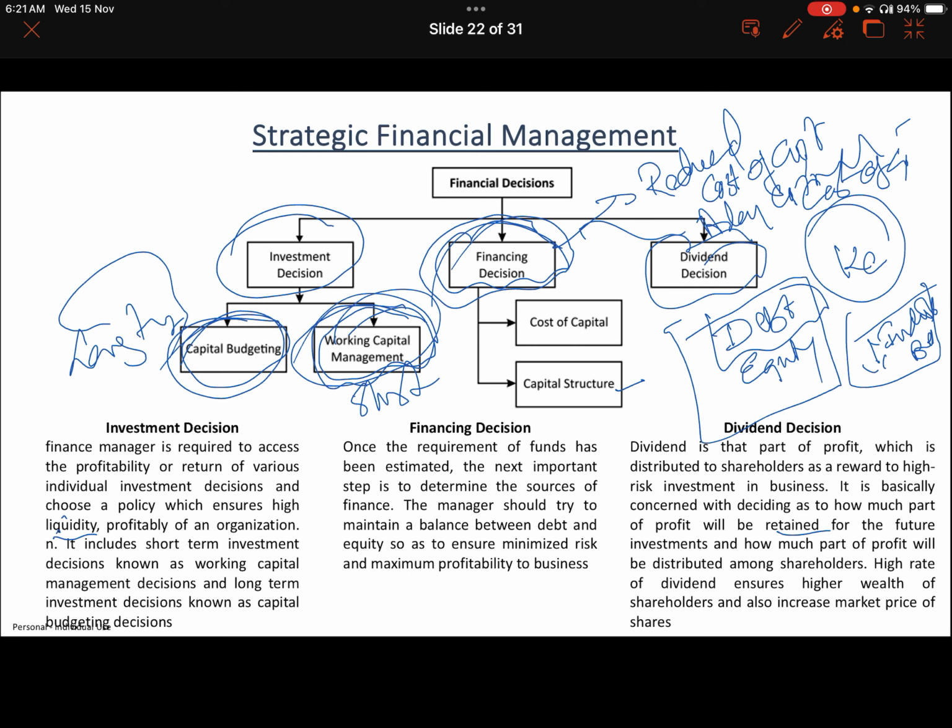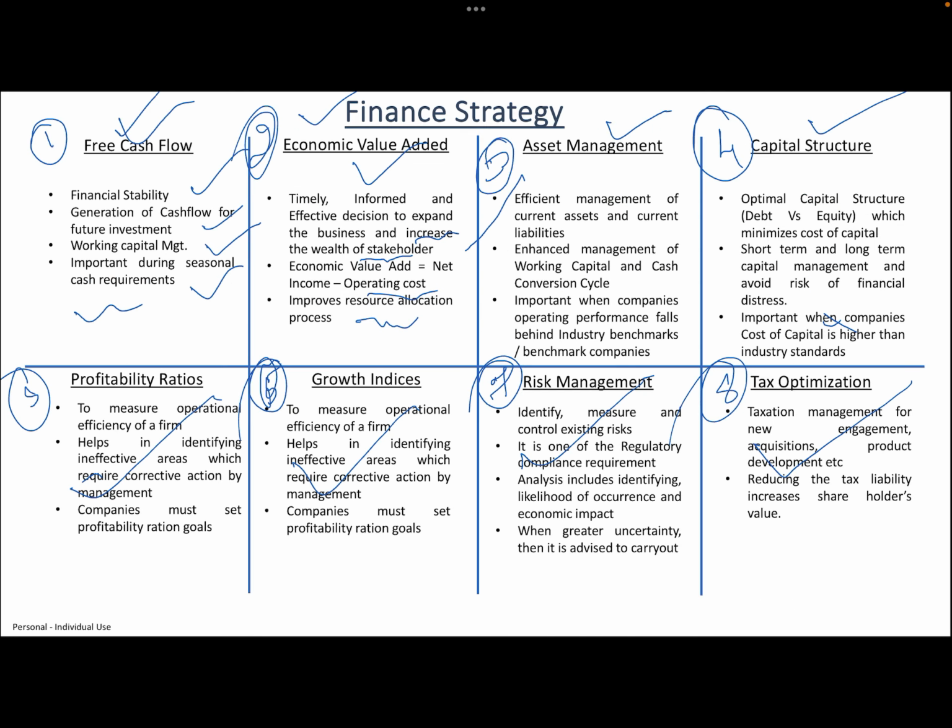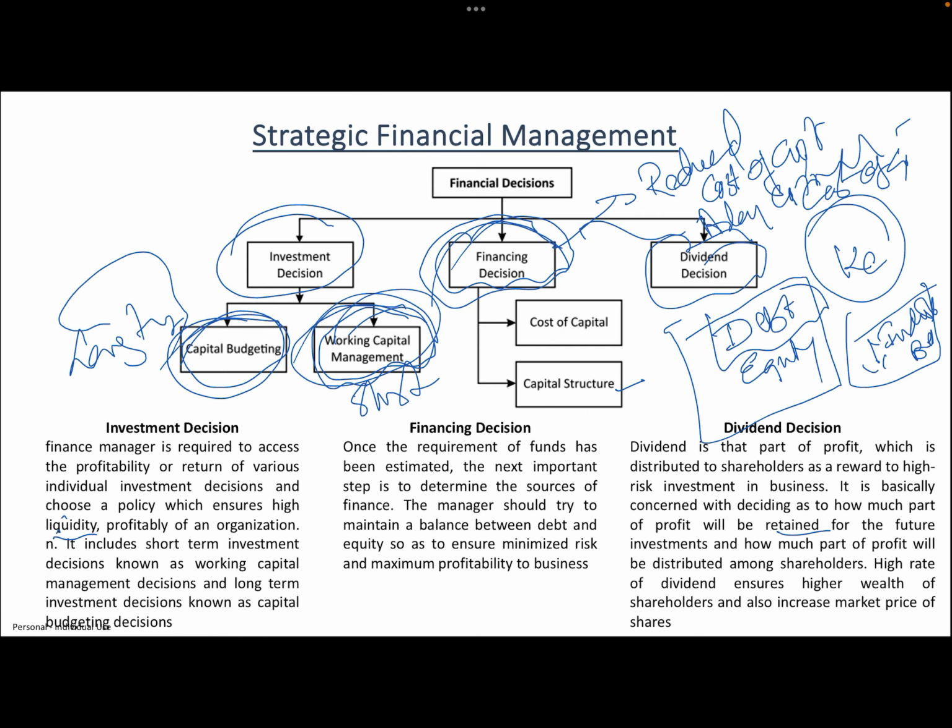Be prepared that the financial strategies include cash flow management, economic value added, asset management, capital structure, profitability, growth indices, risk management, and tax optimization. Key financial strategic decisions include investment decisions, financing decisions, and dividend decisions.